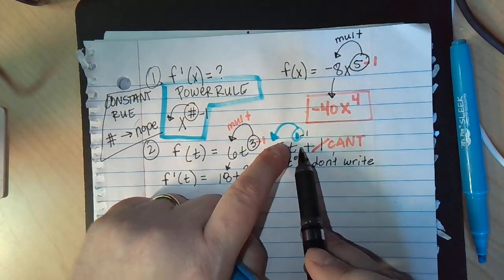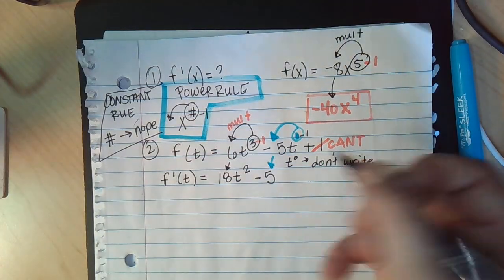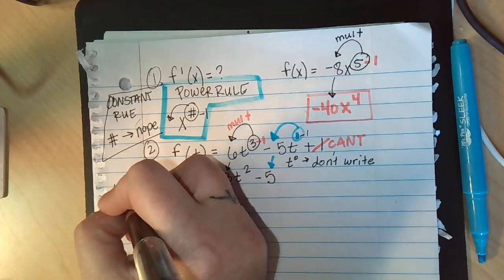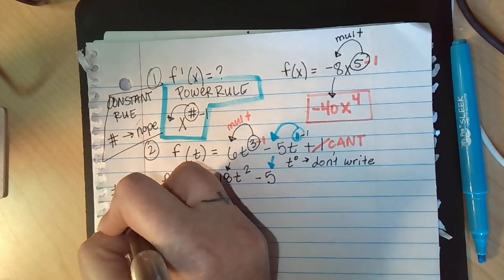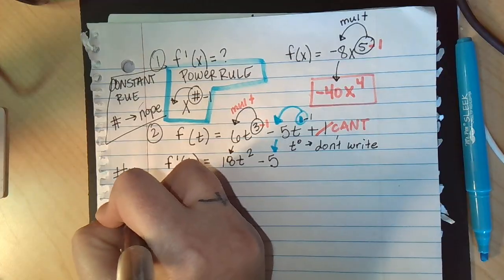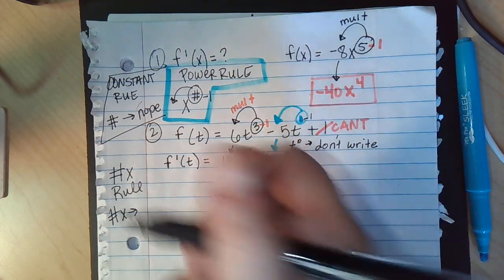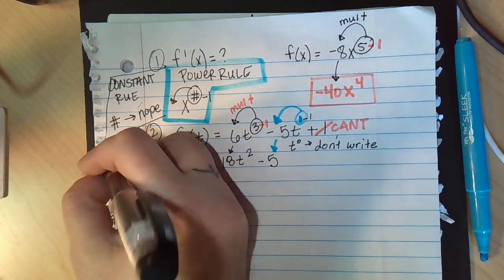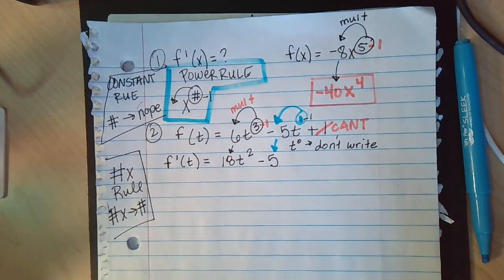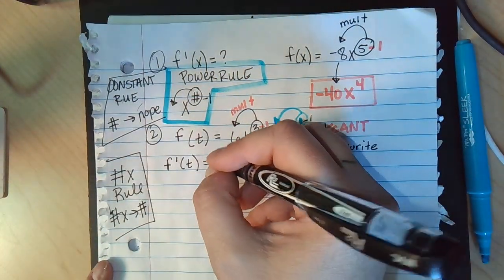Or you might want to remember that when you have a number times a letter with an exponent of 1, like number x, when you take the derivative, that letter to the 1 exponent disappears and you just get the number. So there are 3 rules right there that can help you out. Okay, so the answer for this one is 18t squared minus 5.